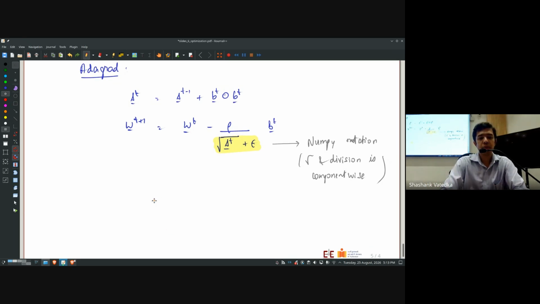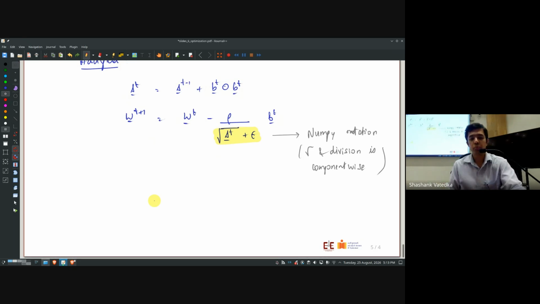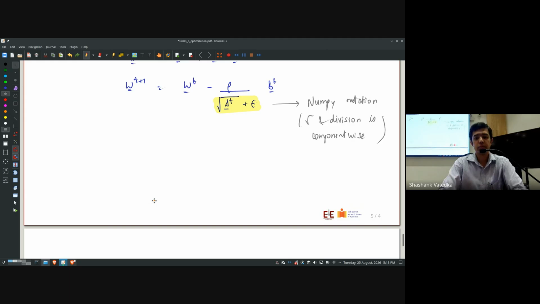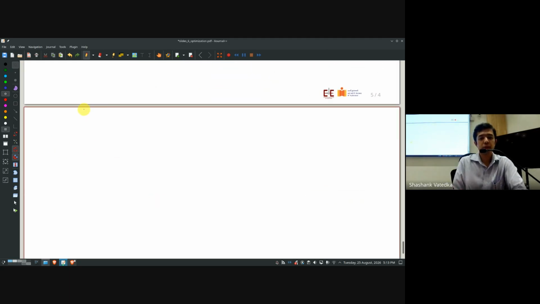And one way to look at this, again, I will not prove this, but you can show that. Sorry, let's recall our goal. Our goal in any learning problem is to minimize some empirical risk.